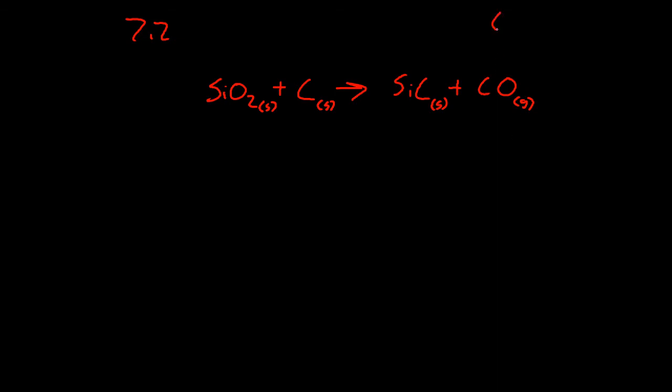If you have an L in parentheses, that is liquid. And an AQ, which we'll talk about a good bit later in this chapter, that means aqueous, which some people pronounce aqueous, but I'm pretty sure aqueous is the correct way to pronounce it. But I won't hold it against you if you want to call it aqueous. That means that it is dissolved in water.